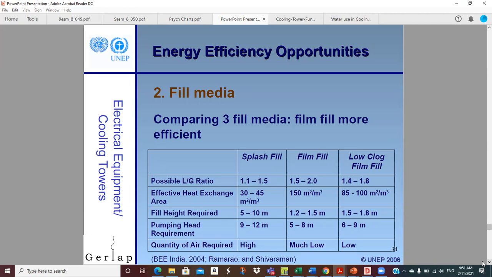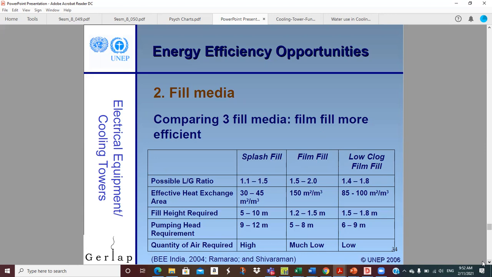So you see some parameters. There's your L over G ratio. That's the mass flow rate of the water compared to the mass flow rate of the air. If that's greater than 1, we have a higher mass flow rate of water compared to air. The effective heat exchange area, square meters of area per meters cubed of fill.